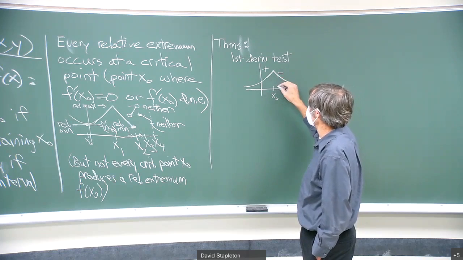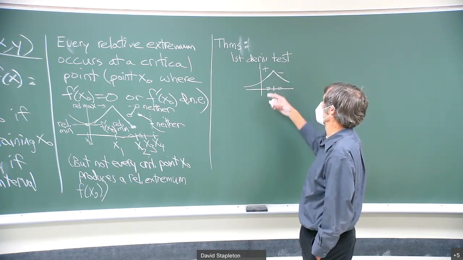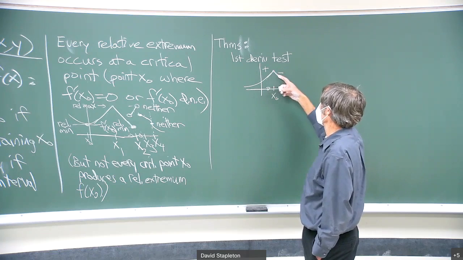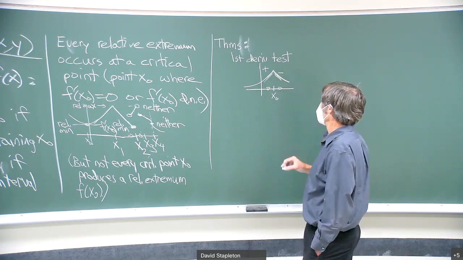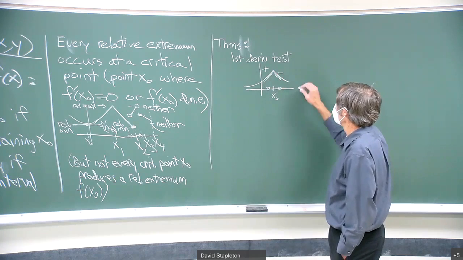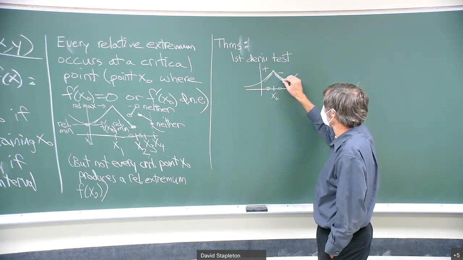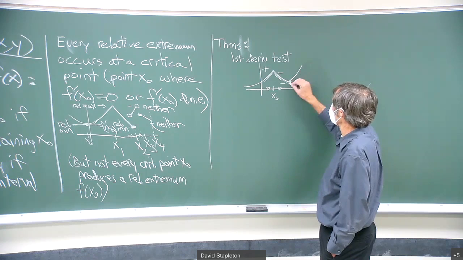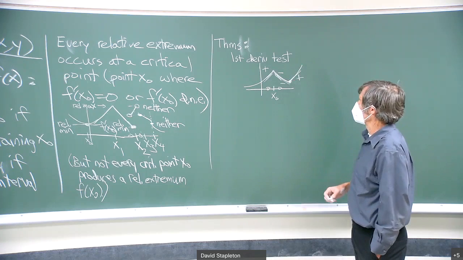So if on an open interval going to the left of x0 and one going to the right of x0 of a continuous function, you have this case, plus on the left and minus on the right if you took the slope of the tangent lines, then that was a relative maximum. The other one was if you had a continuous function like this, where the derivative was negative on the left, slope of the tangent line down, and the slope of the tangent line was positive on the right, then that was a relative minimum.